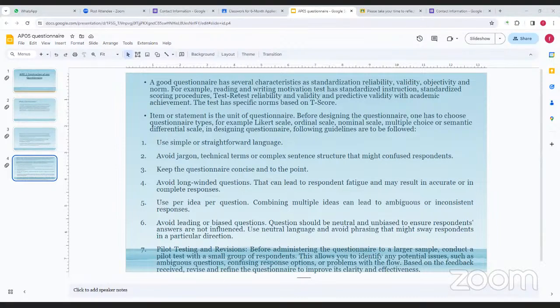So that will be the predictive validity. You are predicting the chance for purchasing the product. So this is the way you can assess the validity.